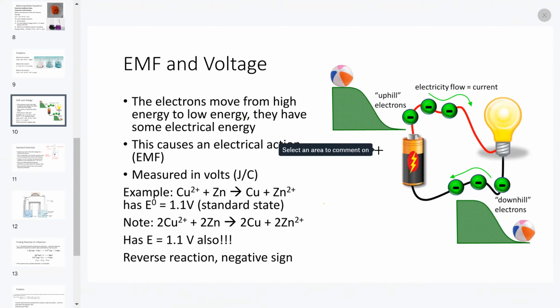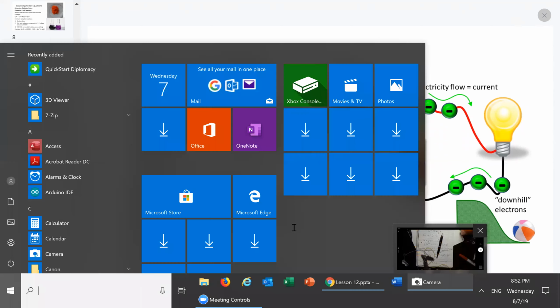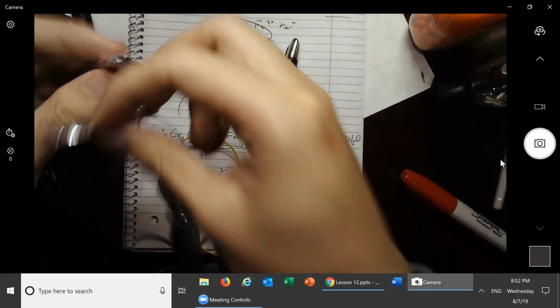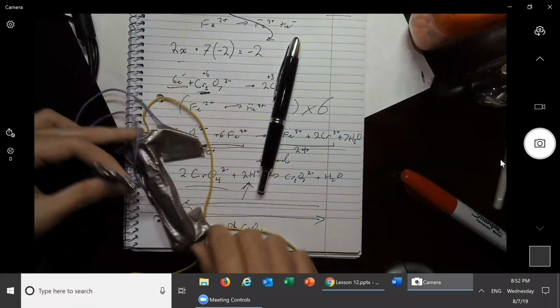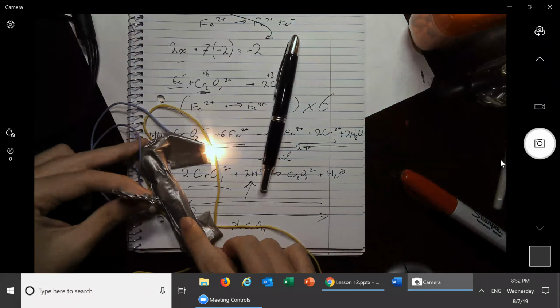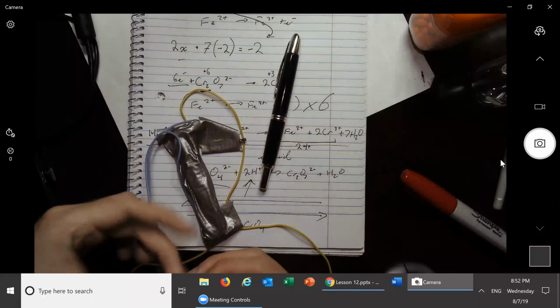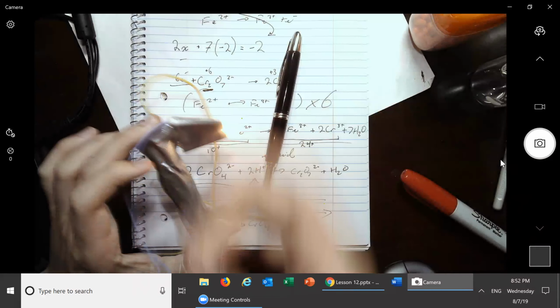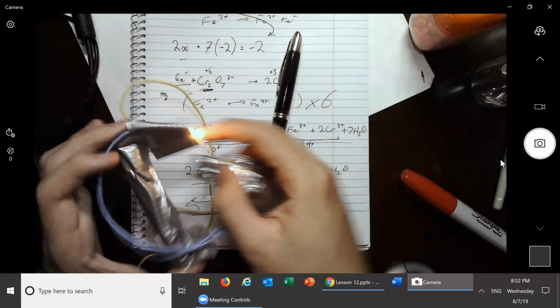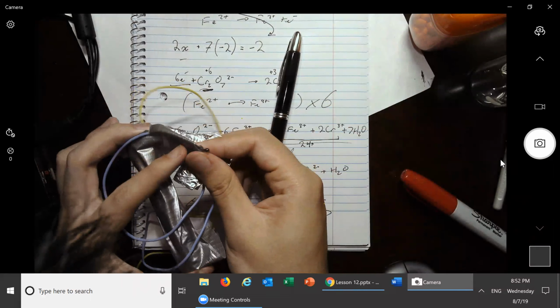I have such a setup here. So when I connect the terminals, the electrons are flowing through this wire, and then they go into this bulb, which I believe is an LED.